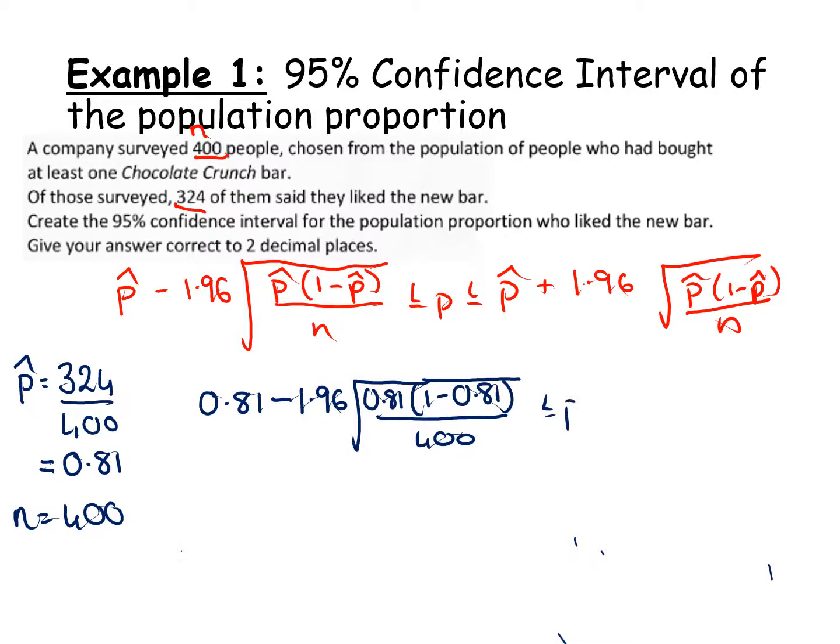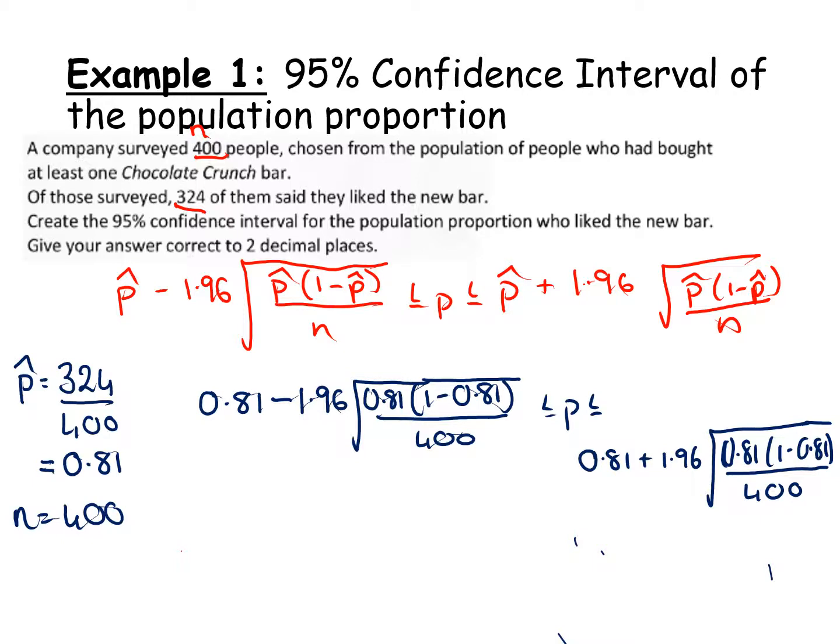Less than or equal to p, less than or equal to, I'm going to just move down here for a bit of space, 0.81 plus 1.96 square root of 0.81 times 1 minus 0.81 all over 400. And at this point then you can put that straight into the calculator to work out the population proportion.